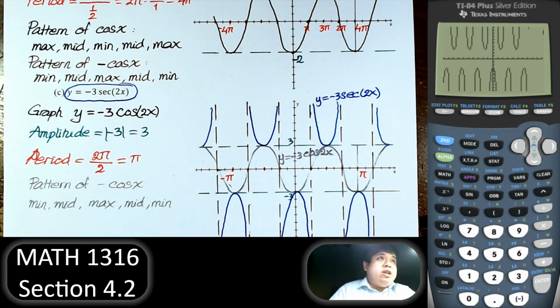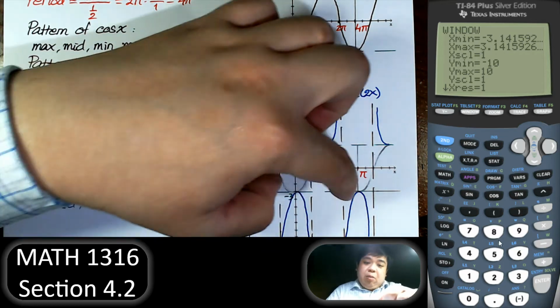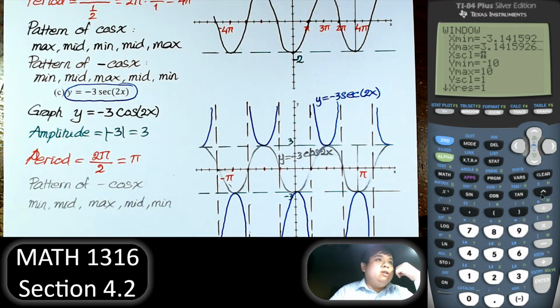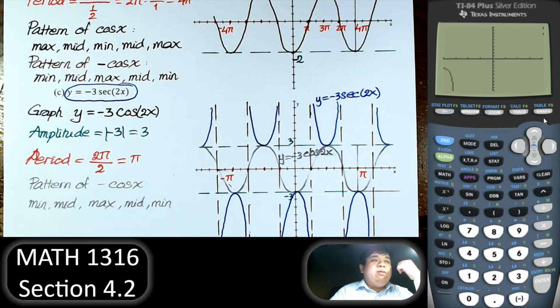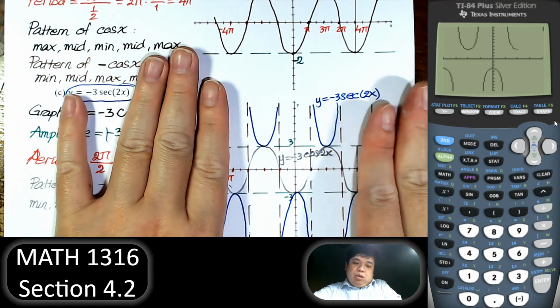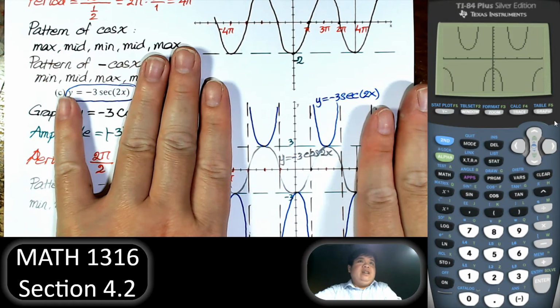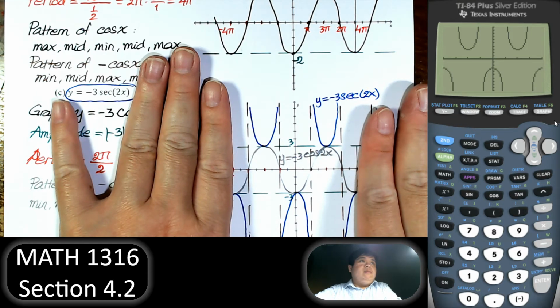If we want to change that, hit Window, from negative pi to pi, and the increment is going to be pi divided by 4. And then you can see the graph between negative pi and pi, exactly what we have.